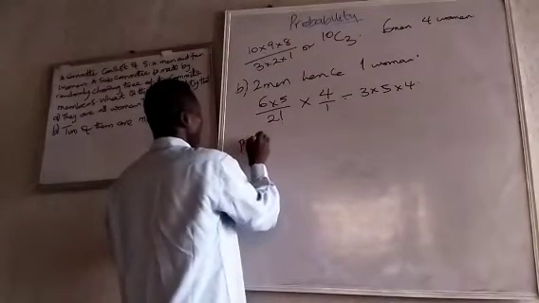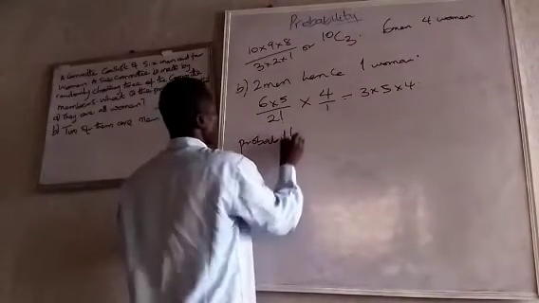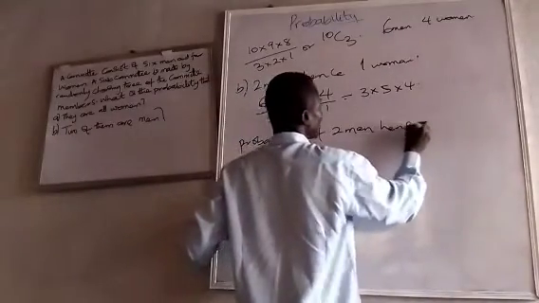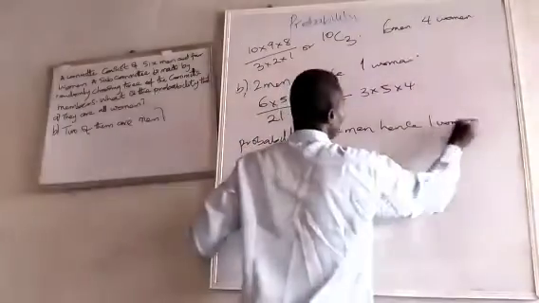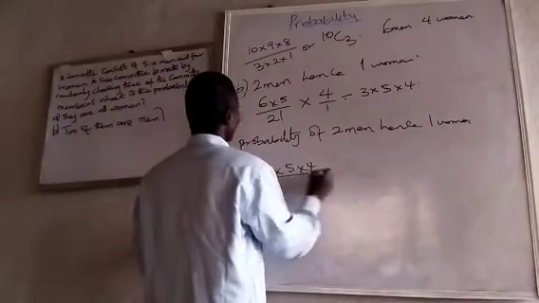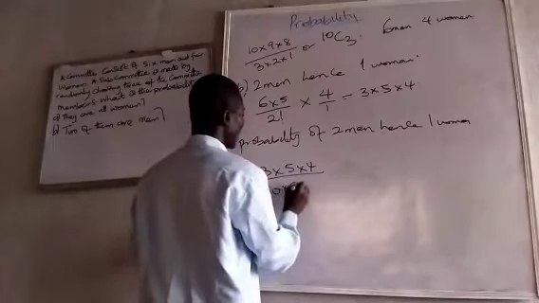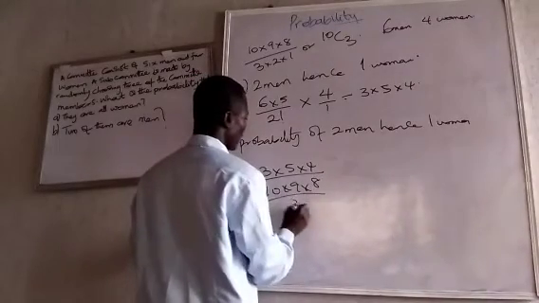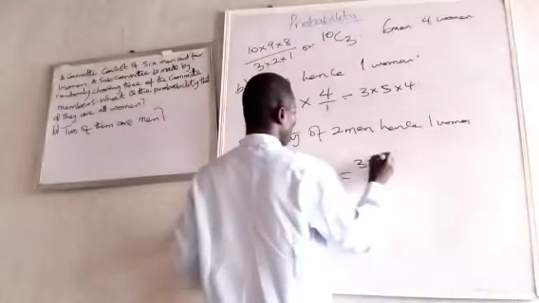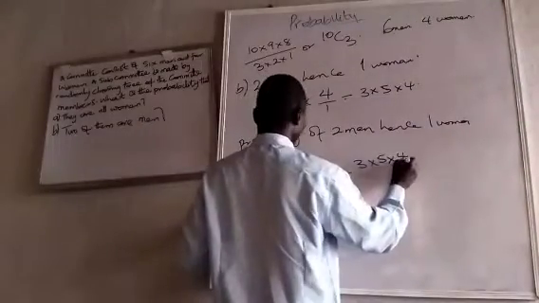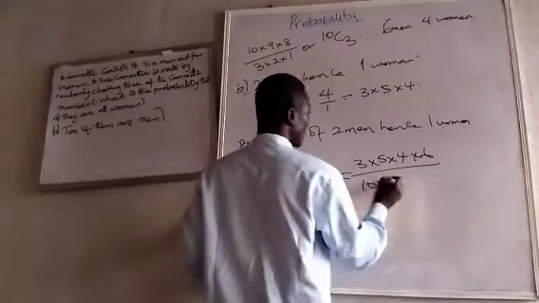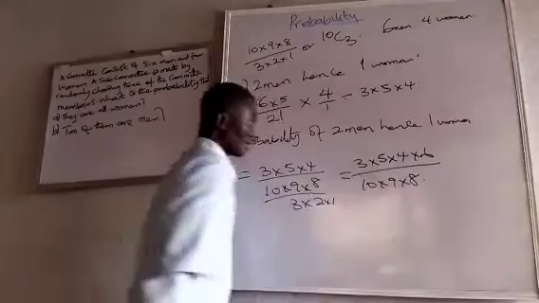That is the probability of 2 men and 1 woman, which will be equal to 3 times 5 times 4 divided by 10 times 9 times 8 over 3 times 2. This is going to be 3 times 5 times 4 times 6 divided by 10 times 9 times 8. You can see that.